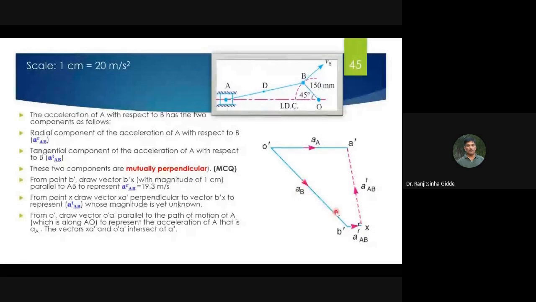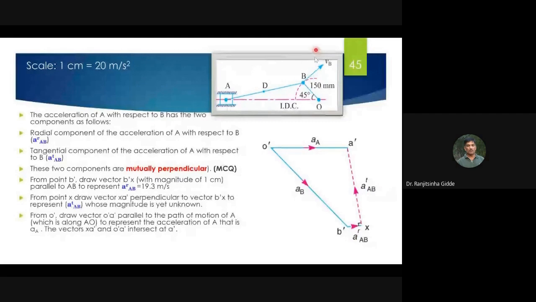This one is the radial component for the crank, and this is A. This represents the motion of A and in turn the acceleration of A with respect to this O. And for this link there are two components. One is the radial component that we have drawn and one is the tangential component that we have drawn.